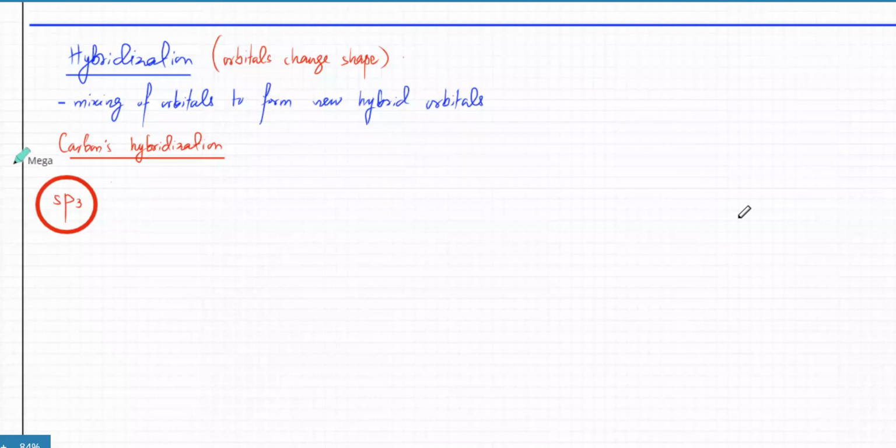And let me explain this. Sp3 hybridization for a carbon atom will happen usually when carbon is forming only sigma bonds. It forms 4 sigma bonds, or in other words, a sigma bond is a single bond. So it forms 4 single bonds.